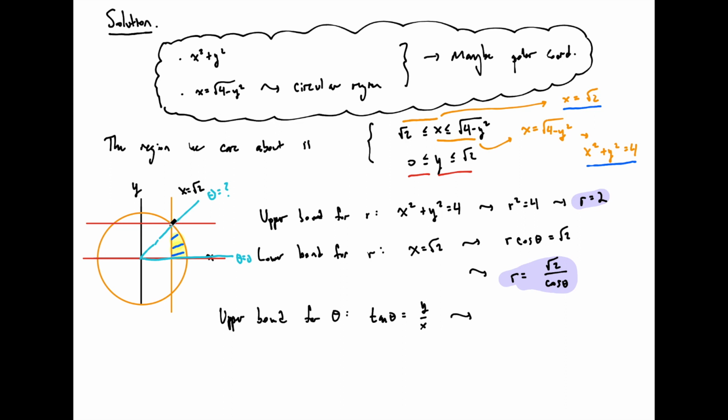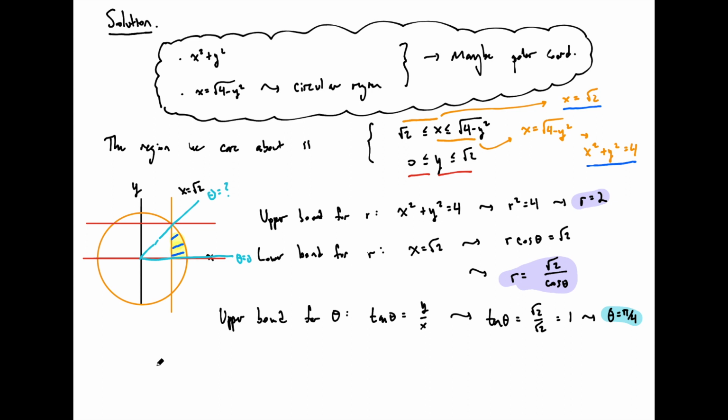So at the relevant point we care about, when y and x are both root 2, we get tangent theta equals 1. And therefore, using some contextual information with the picture, we know that theta has to be pi over 4. So there's our upper bound for the theta integral once we set this up.